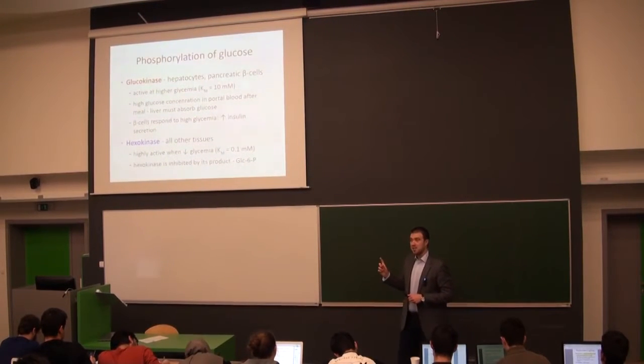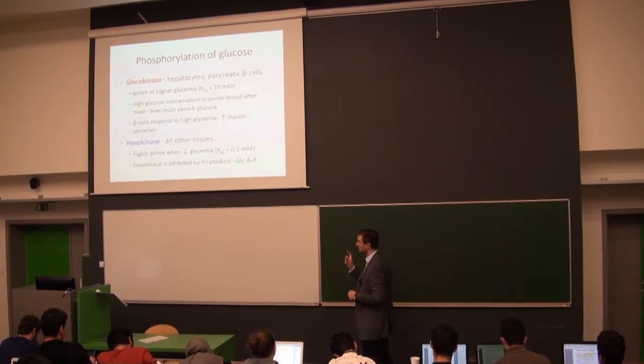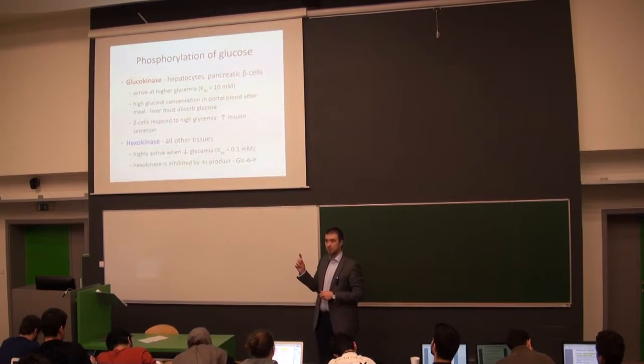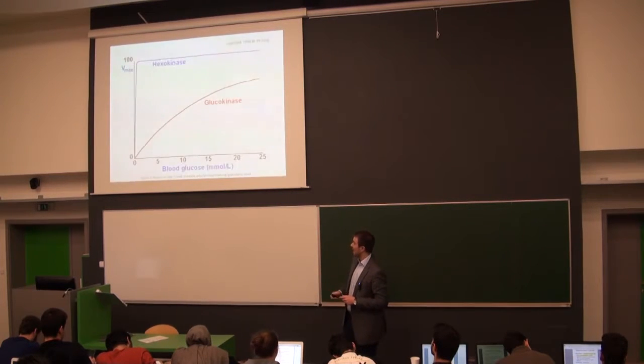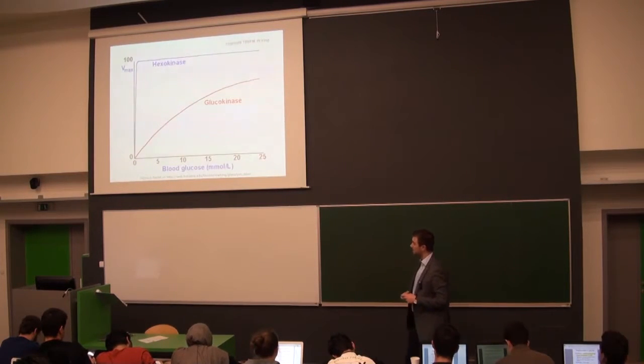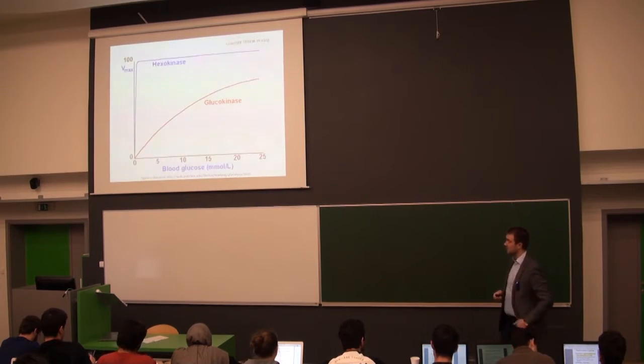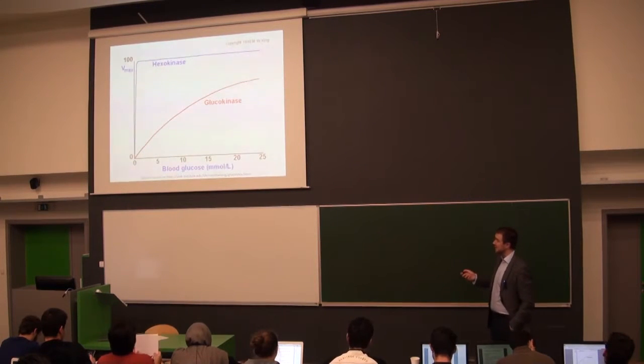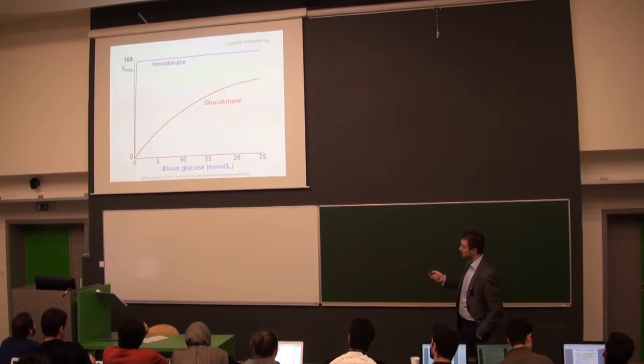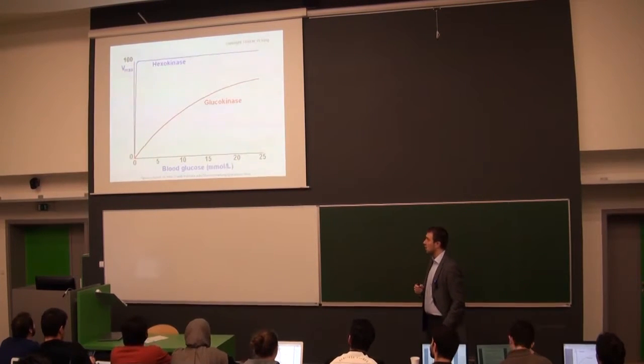The glucokinase works, from some point of view, as a sensor for glucose inside the pancreatic beta cells. And it could be quite understandable from this picture, since this is the curve.